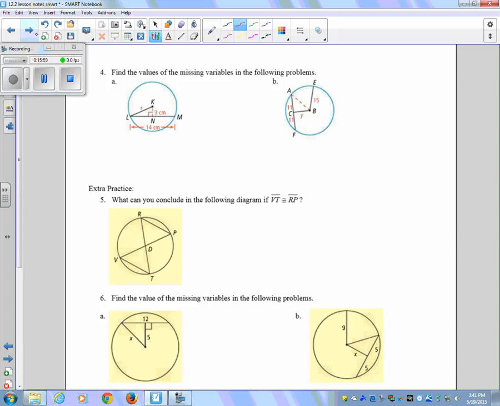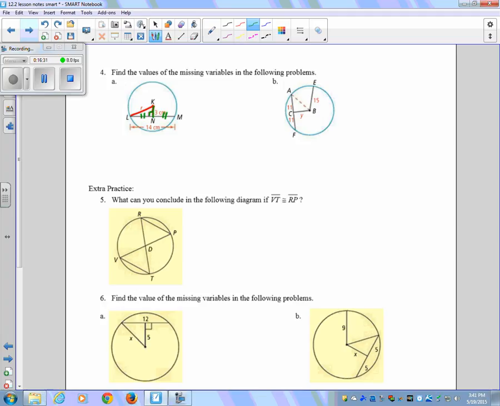If we are given a situation like part A, where you know that KL is a radius, and segment KN is meeting this chord at a right angle, then we can conclude that this LM chord is getting bisected.